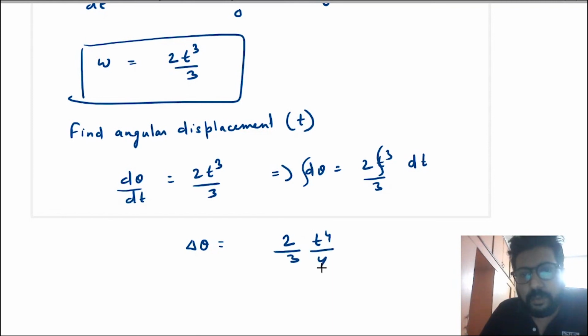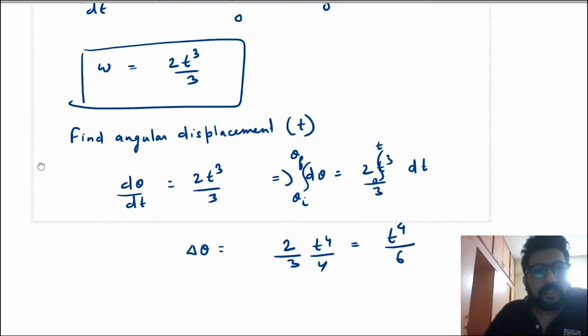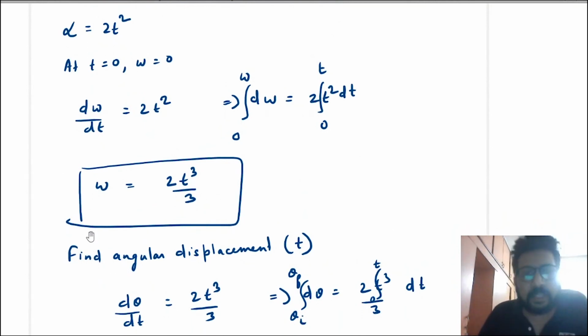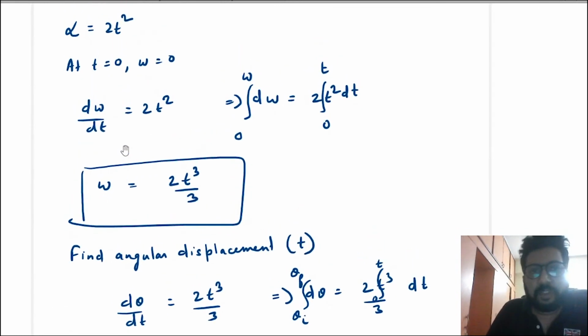Suppose at the initial time the initial position was theta i, at time t the final position is theta f. Theta final minus theta initial is delta theta, and delta theta is the angular displacement. So this will be equal to t power 4 divided by 6. So if the angular acceleration is variable, you can apply the variable separation and integration method to find the omega and the angular displacement as a function of time.